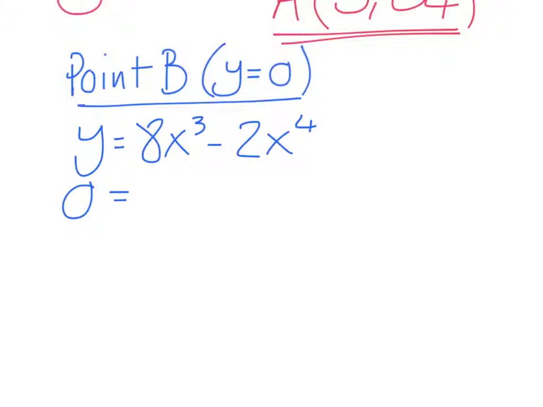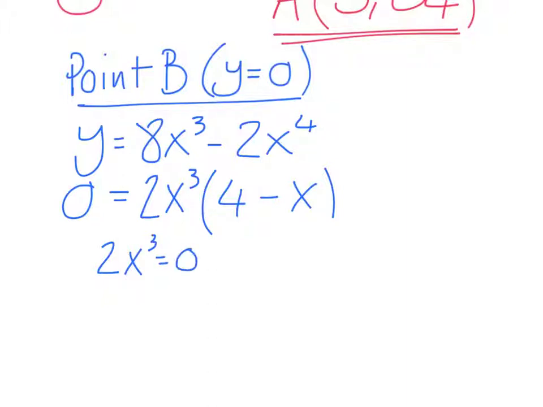To solve any equation at this level, we have to once again factorise. So our common factor this time is 2x cubed. Take that outside the bracket, leaving 4 minus x inside. So that tells us that either 2x cubed equals 0 or 4 minus x equals 0.